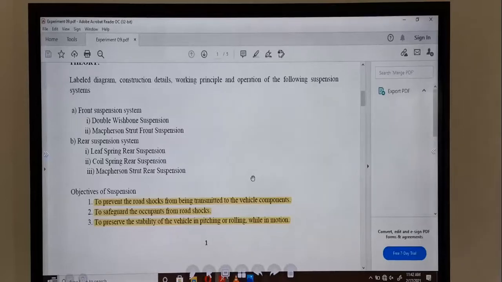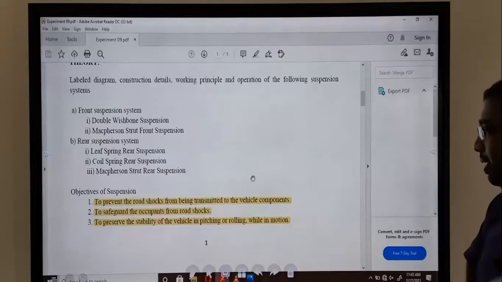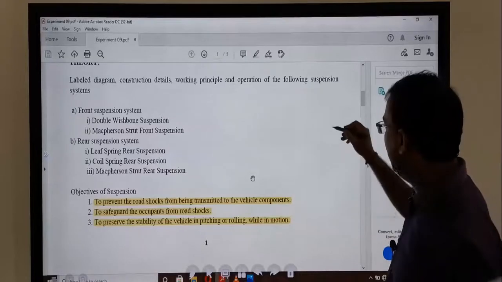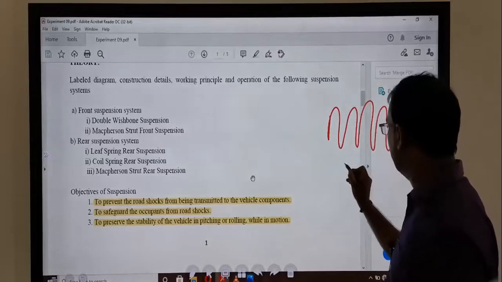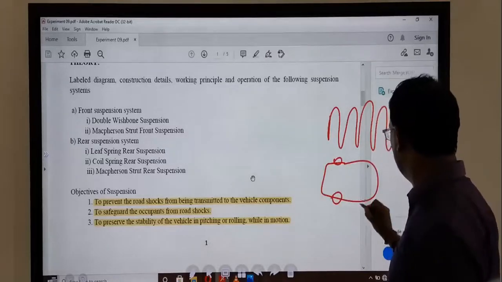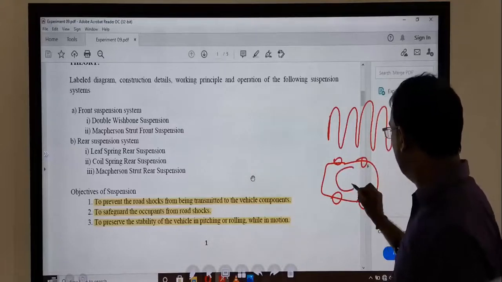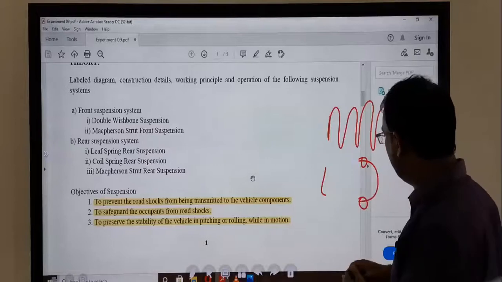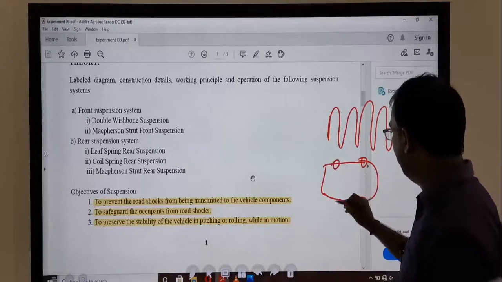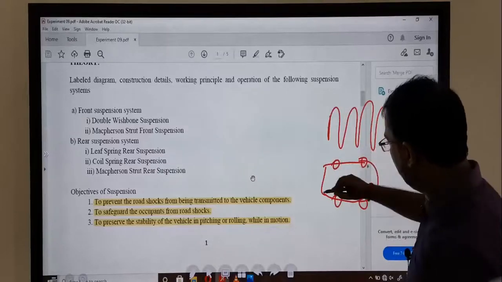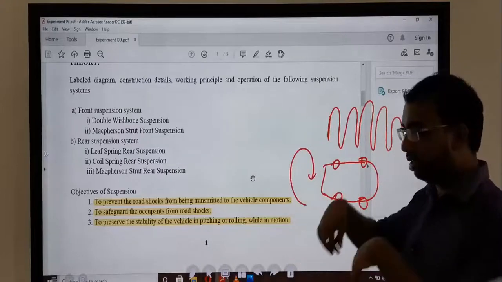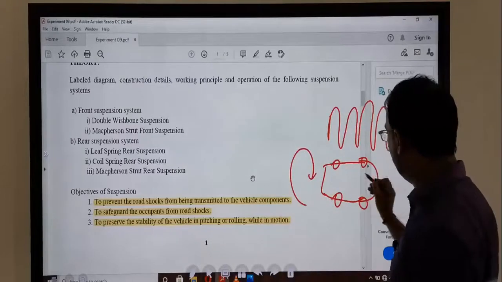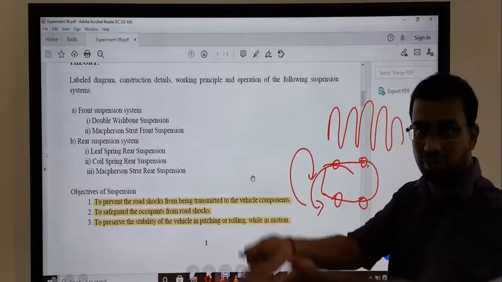The third one, preserve the stability of the vehicle in pitching or rolling while in motion. The stability, the balance. Pitching means the vehicle moves like this, like a bumper. Rolling means, in top view, not this. When there is an accident or anything, the vehicles roll side to side, or sometimes roll like this, front side.